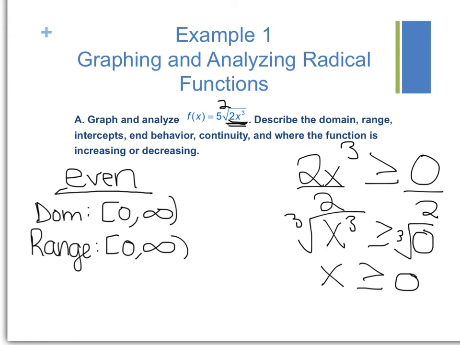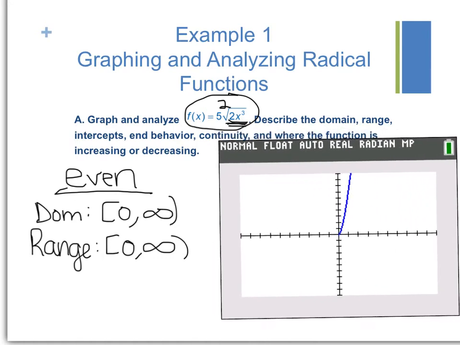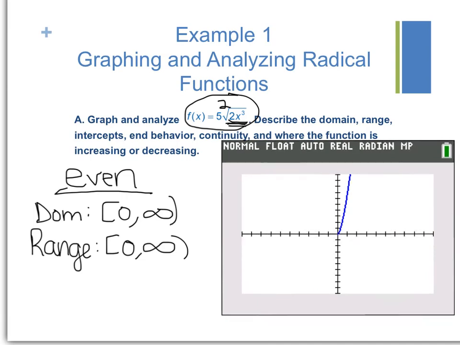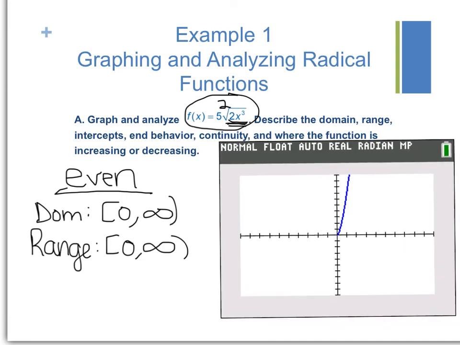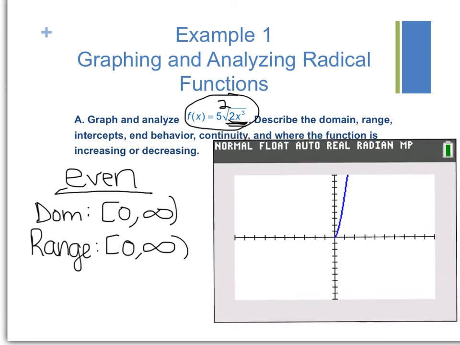Just to confirm that our domain and range are correct, I've graphed this function on my graphing calculator. And if I pull up the picture of the graph, we get something like this. I've graphed this on a standard window, and this is what our graph looks like.